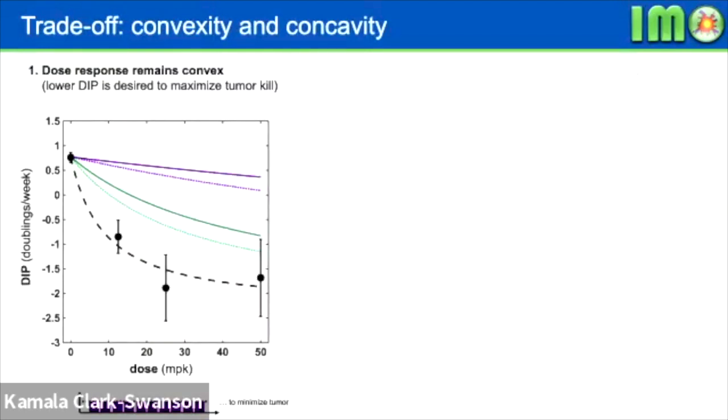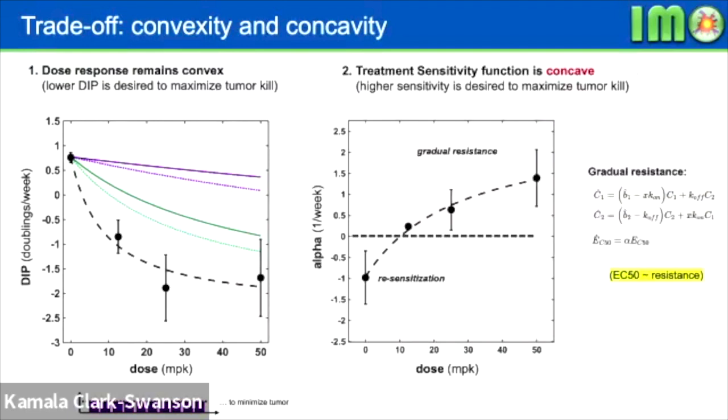So we have this trade-off between maximizing our responsiveness based on our dose response, but we also have this degree of resistance that's introduced that depends on our dose response, that depends on our treatment schedule.